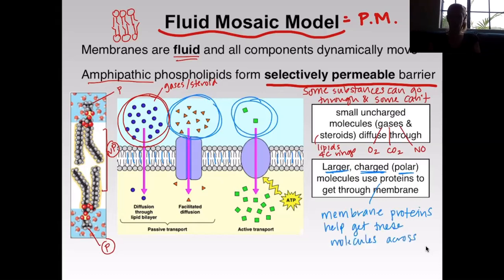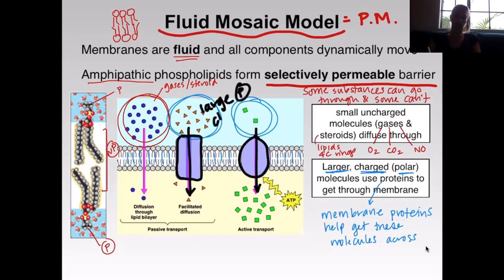Membrane proteins, shown here in this purplish color, help get molecules across the plasma membrane that are large, polar, or charged. Those kinds of molecules need help to get across because they can't diffuse right through like the small gases and the steroids.